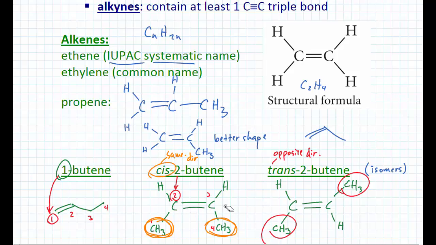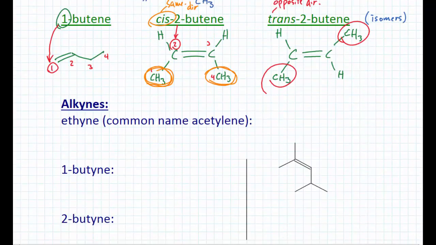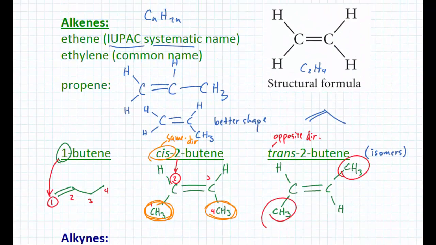So that's why this compound is totally different, pretty much, from this compound. Okay? Even though they're just sort of different in direction, those two molecules will have different properties, and you'll be able to separate them and have them in different bottles and everything. Okay? So we need to use cis and trans anytime we have carbon groups attached to both of the double bonded carbons.